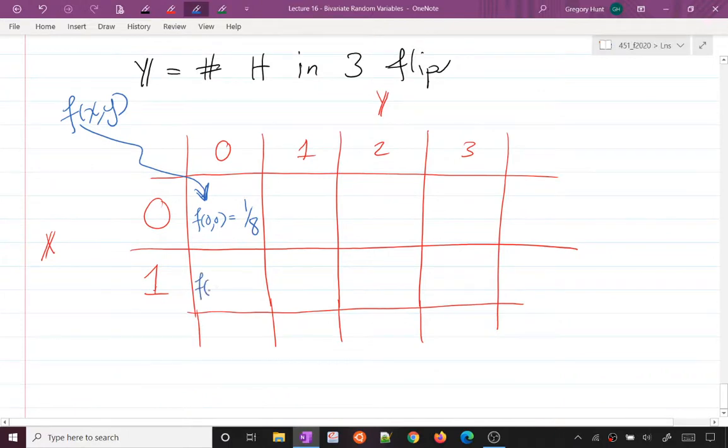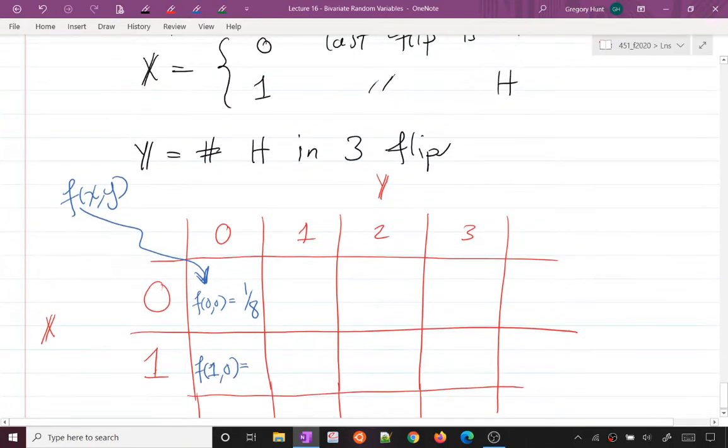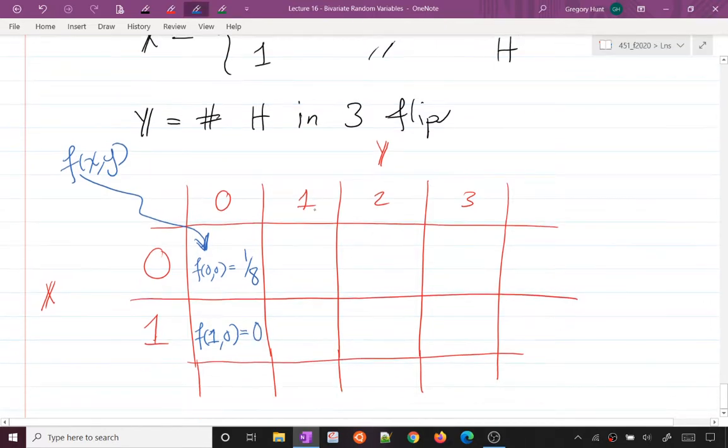F of, in this case, 1, 0. So that's the probability that x is 1, so my last is a heads, and I have no heads. That can't happen. 0. And so I can fill in my table, right?